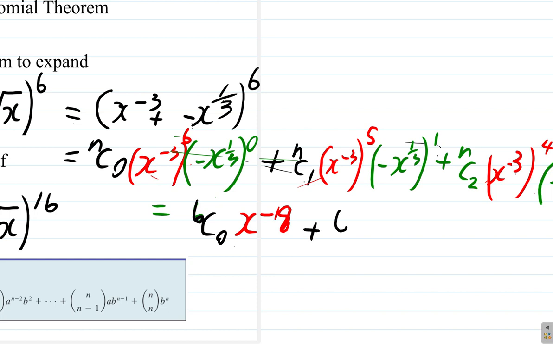Plus 6C1. Alright? The n we're talking about here, where I had put it as n before to follow the general pattern, but you know the n that we're dealing with is 6. So here, this n is really 6. In fact, I could erase it and put 6 and just replace everything with 6. The n was 6, so I changed this to 6.